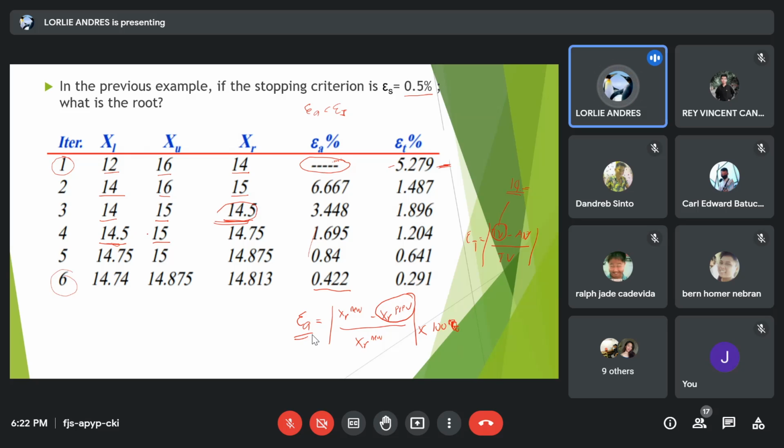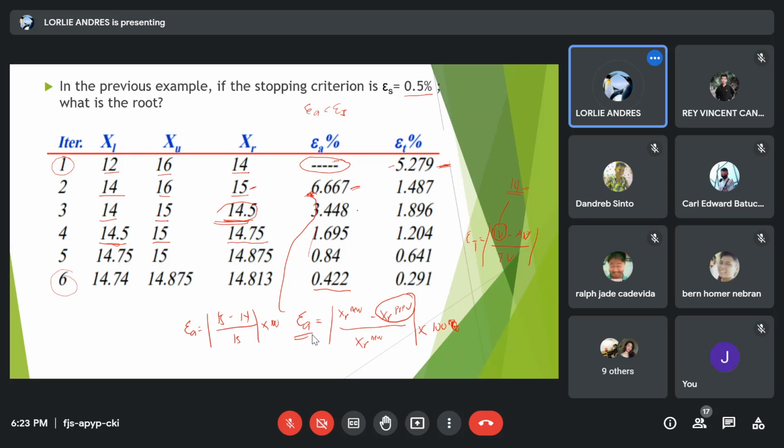And then, pabilin si x sub U. Pag i-add up nimo ni silang duha, divide by 2, the answer is 14.75. And then pagkuha nimo kani siya, giunsa man ni pagkuha si 6.667? Diba ang imuhang new is 15. So, ang hitabo, ana siya: E sub a is equal to 15 minus 14 divided by 15 times 100.